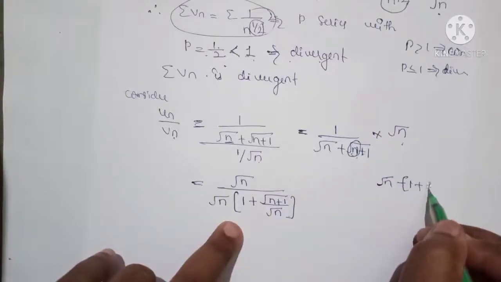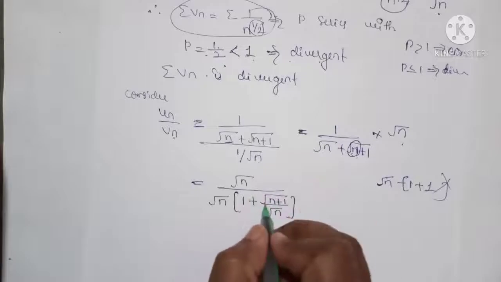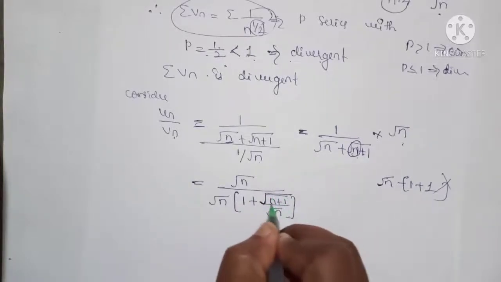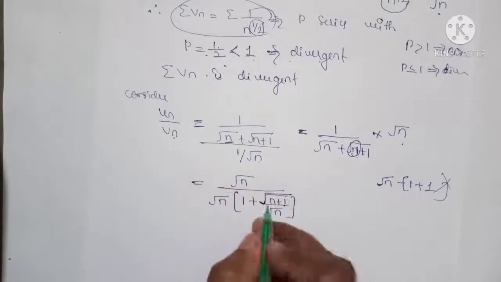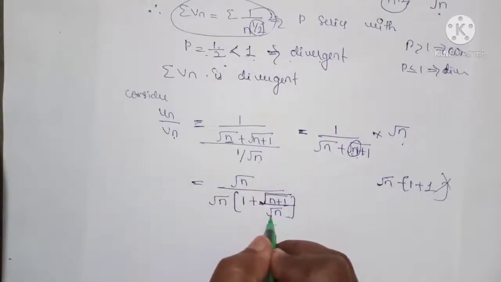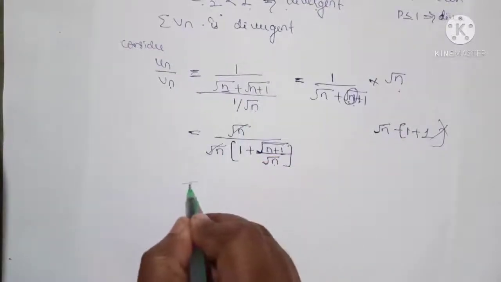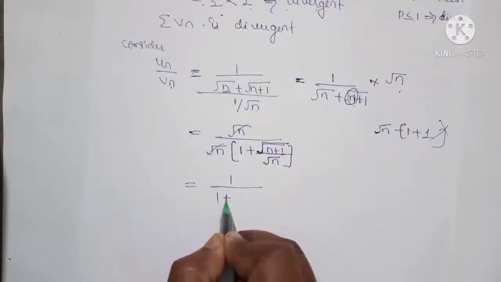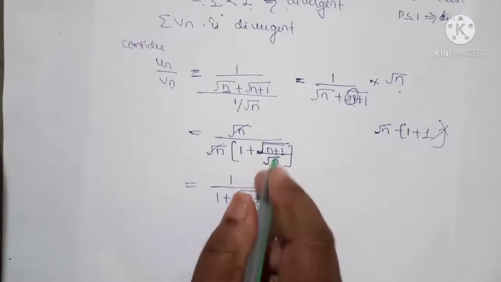Okay, this is the wrong way. So keep this term as it is, because it consists of root of n plus 1. You can't take root n common here. So directly it divides, that is, in the denominator we get root n. So this root n cancels. 1 divided by 1 plus root of n plus 1 divided by n, because both are of the form root.